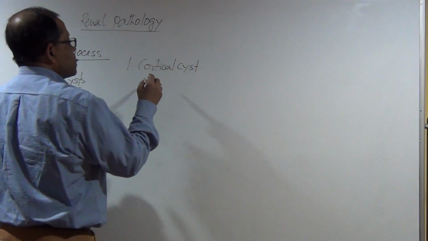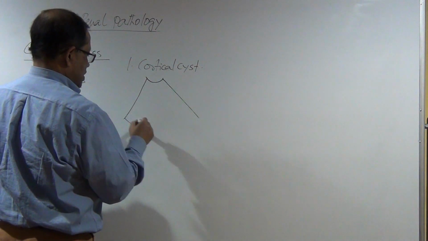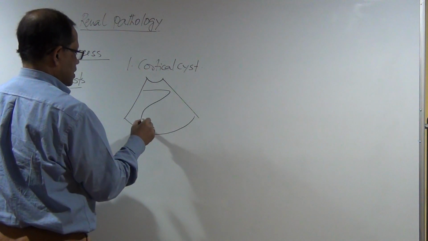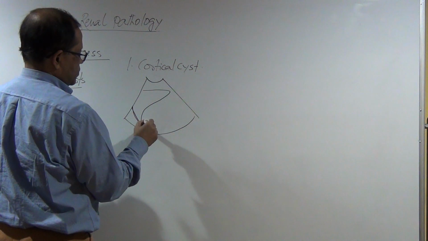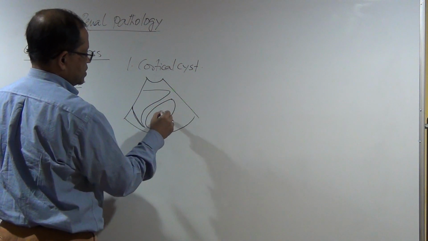So now, this is the liver with the diaphragm, and this is the kidney.